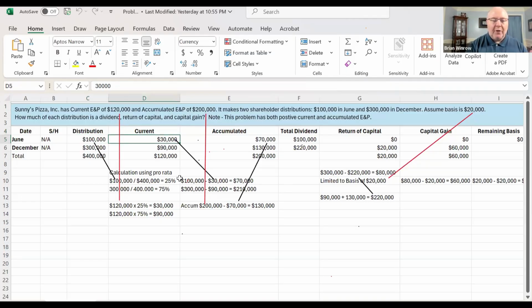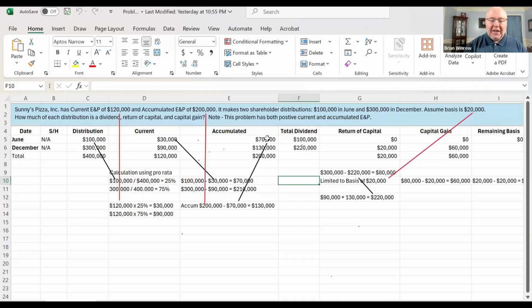We've already accounted for 30,000 of it. So if we go 100,000 minus 30, that means there's only $70,000 of that distribution that we have not accounted for yet. So we're going to say, okay, we have 200,000 of accumulated E&P, but we only have to account for $70,000 of our 100,000 distribution.